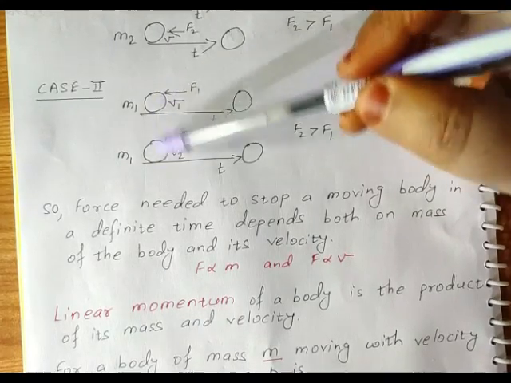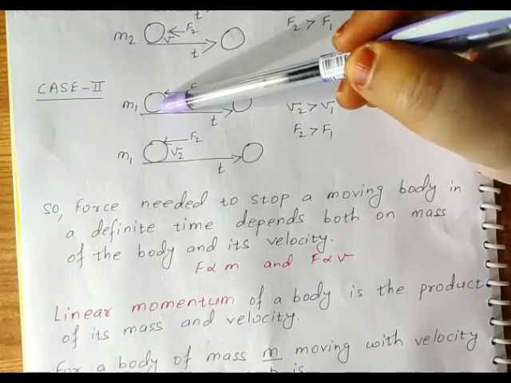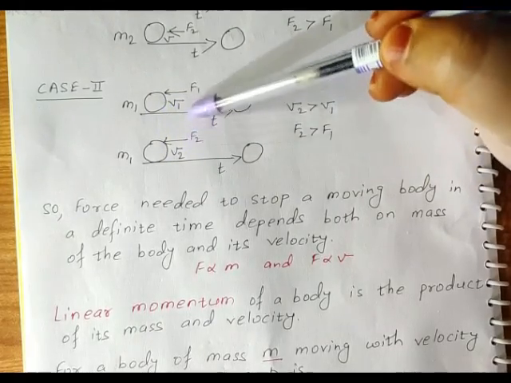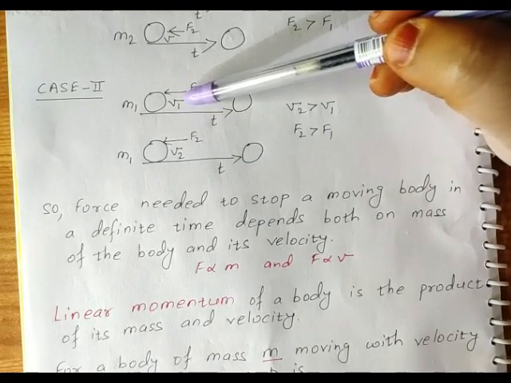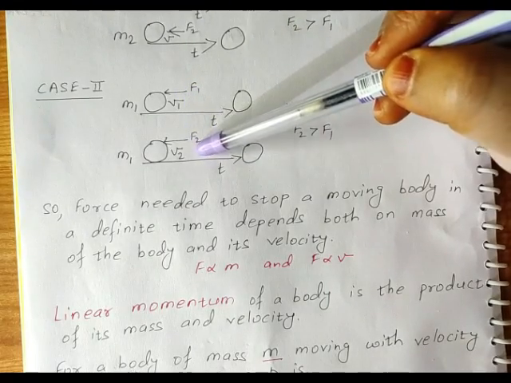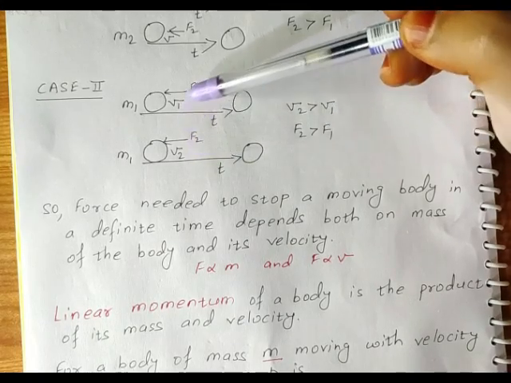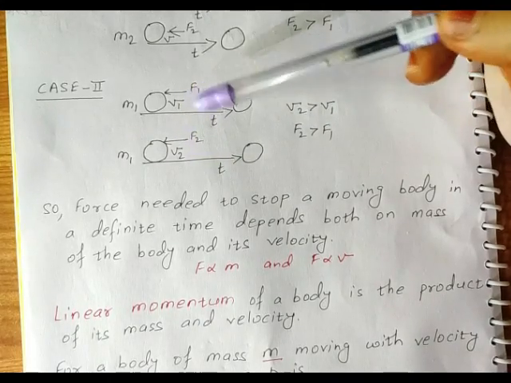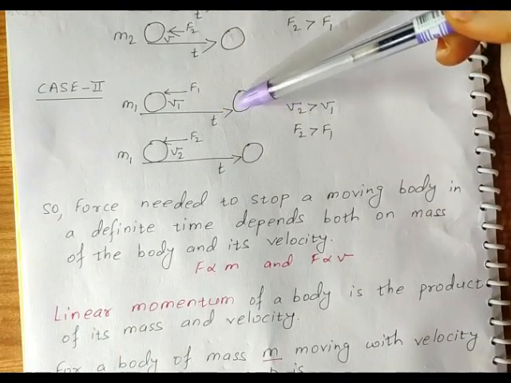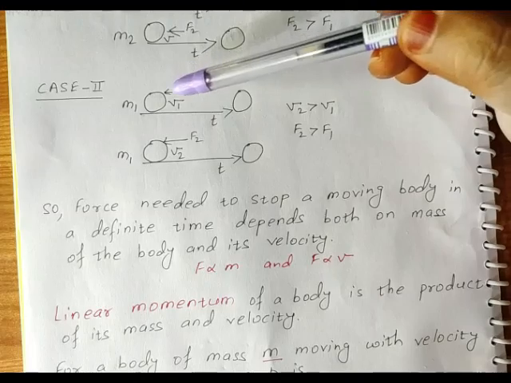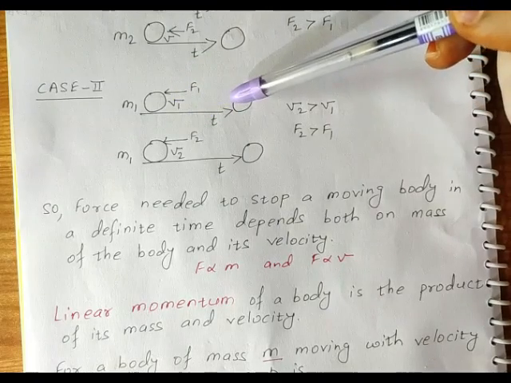Two bodies of the same mass, but moving with different velocities. The first is moving with v1, the second with v2, and the second is moving faster than the first body. Both are stopped in the time t. Now how much force is applied to stop these bodies?